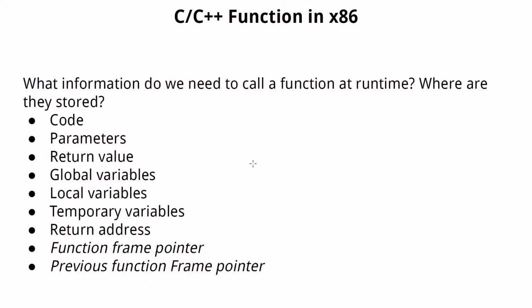So for you to understand how it works, we first need to understand the functions. What kind of information do we need to call a function at runtime? And where are they stored, right? Every function has code. After compiled, it's binary, it's machine code. Then to call any function, you need to give some parameters to that function.